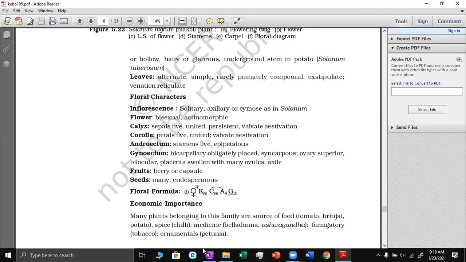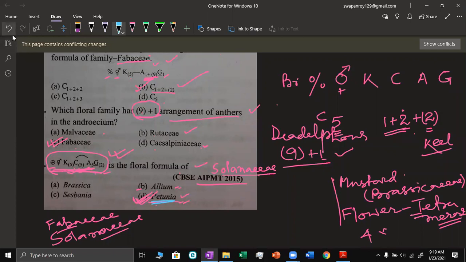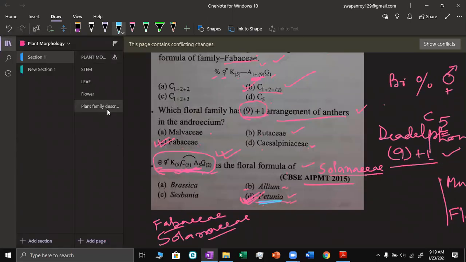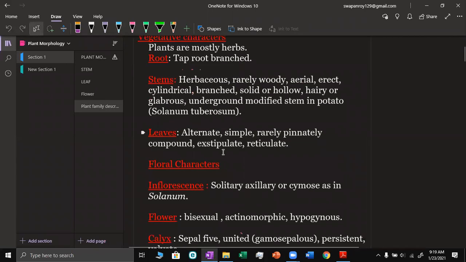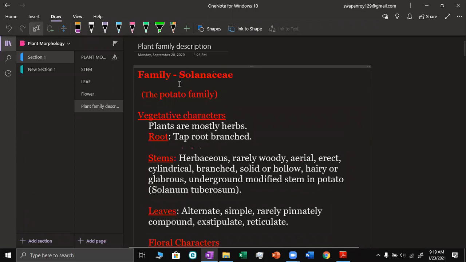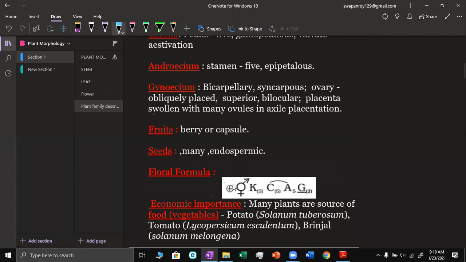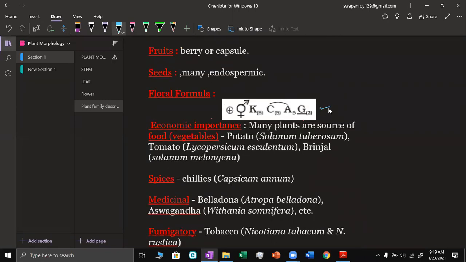You can see the family description later on. Among the economically important plants belonging to Solanaceae are potato, Solanum tuberosum, tomato, Lycopersicum esculentum, brinjal, Solanum melongena, and the spice chilies, all Capsicum, Capsicum annuum.